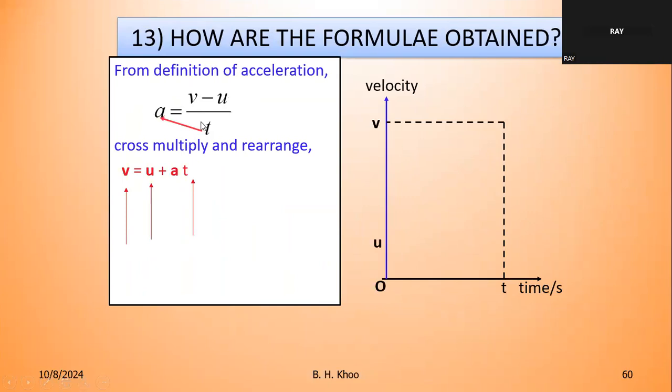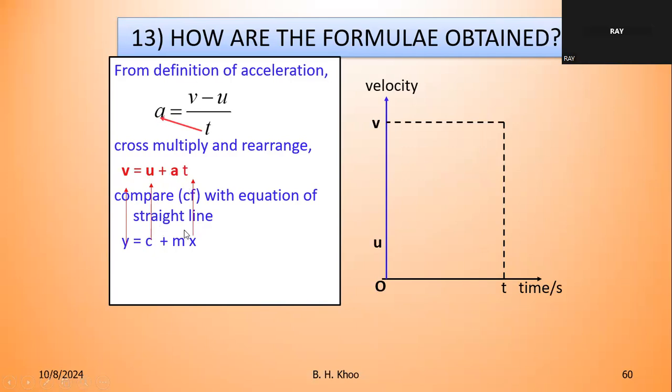Right? Cross multiply, take A across there. So you have V, and take U across to the other side. You got U plus AT. That's our first formula. Then compare the equation of a straight line. U is our C, the y-intercept.